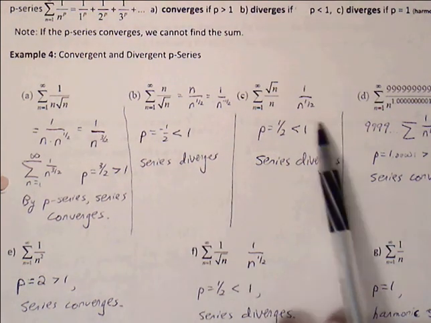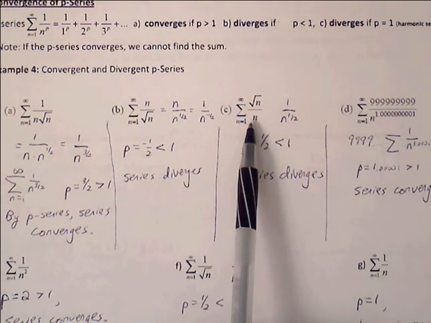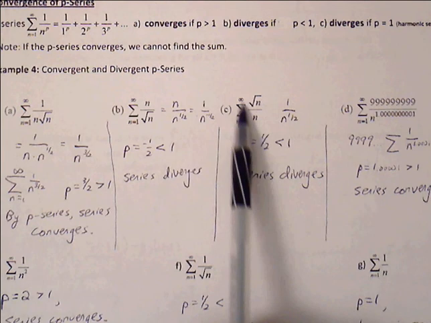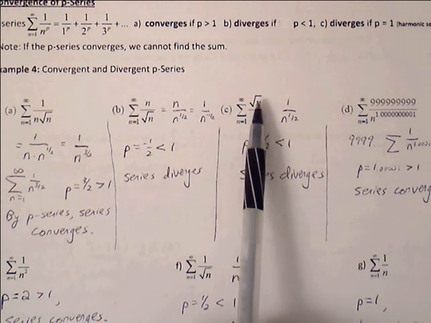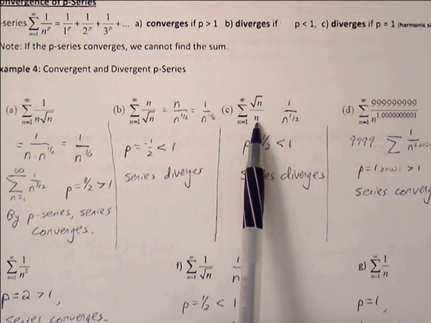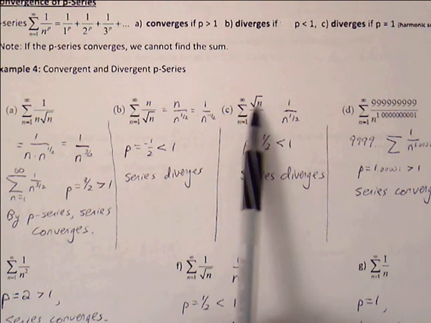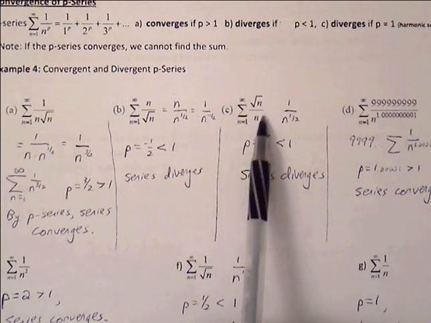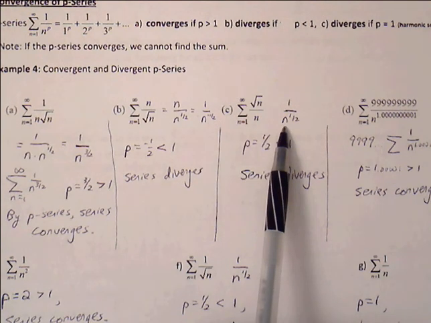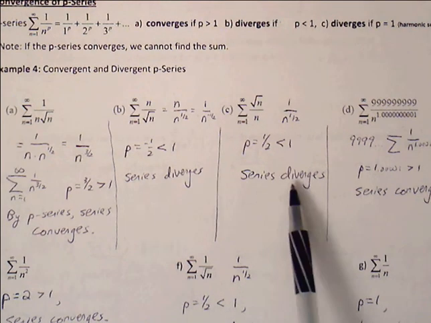Next example, with the nth term test we see this is inconclusive because the limit as n approaches infinity goes to 0. But we can do the p-series test by subtracting exponents, making this 1 over n to the 1/2. 1/2 is less than 1, so our series will diverge.